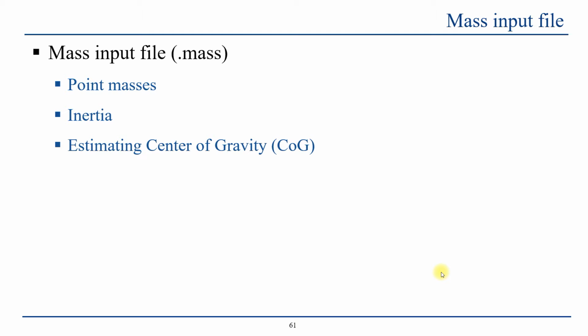So the mass file, which will end with a .mass as an extension, will use point masses and inertias. And it will also help with the overall mass distribution for the geometry or the body that you will be analyzing and you have defined or designed in the geometry file or the .avl files.